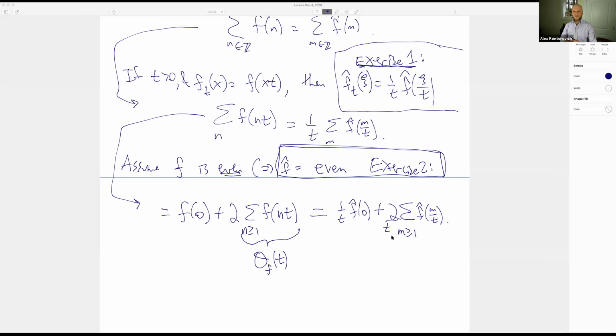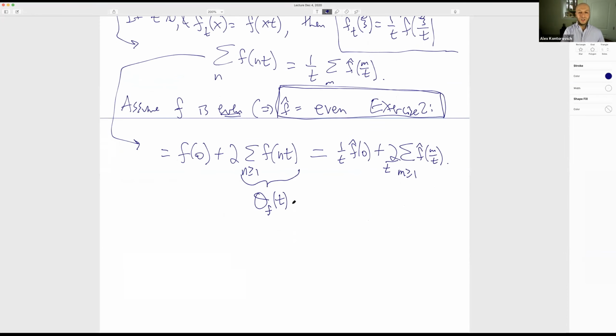So let's see what we can learn about this function. So let's say f has exponential decay, or okay, let's do an example. Example, and this is the classical theta function. The example is f of x is the Gaussian. What's the Fourier transform?